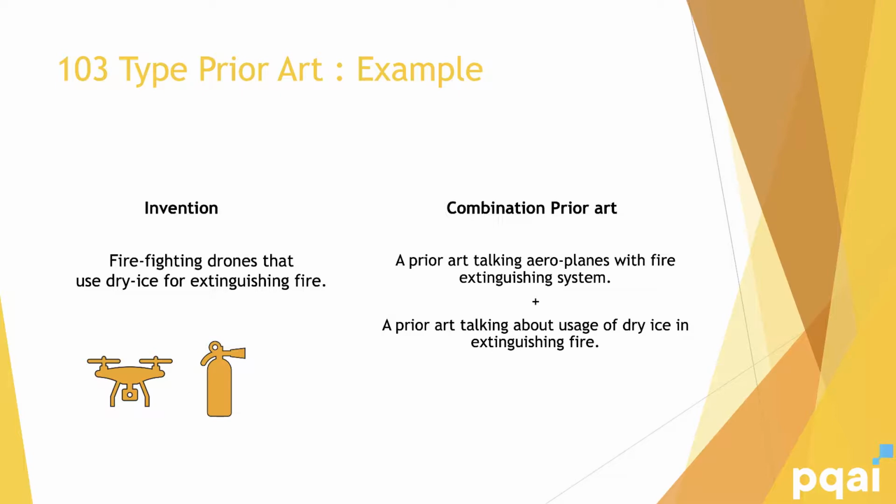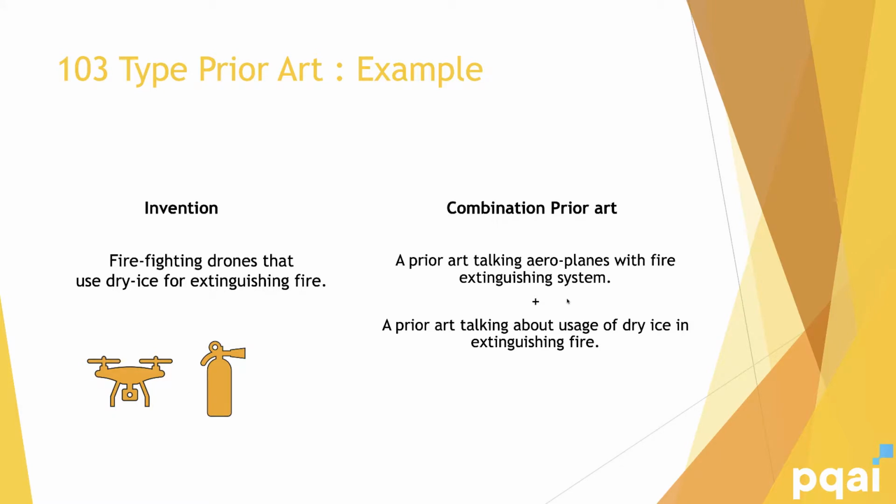So they can pick these 2 documents, and then they can combine these documents, and put forward an argument that once people know that drones can be used to fight fires by doing a water spray from above, then it makes sense that instead of the water, somebody can think of using better means to fight fires, one of which could easily be carbon dioxide, solid carbon dioxide, which is dry ice, right?